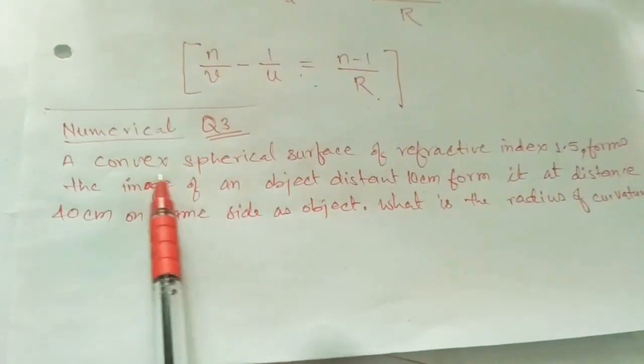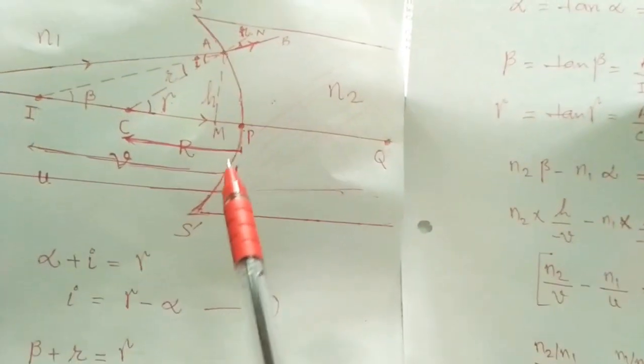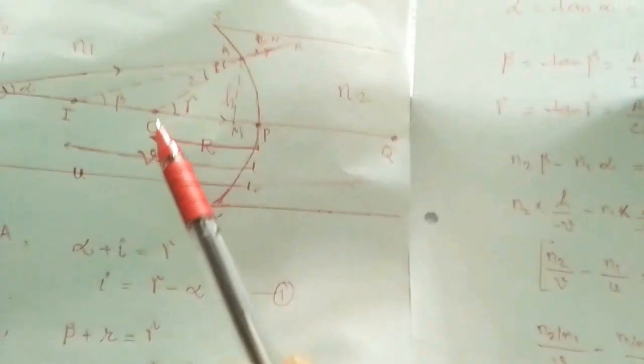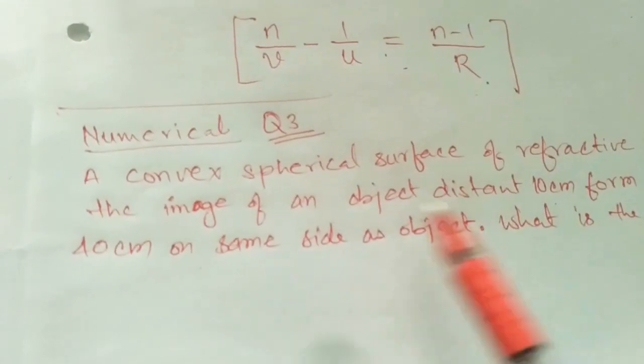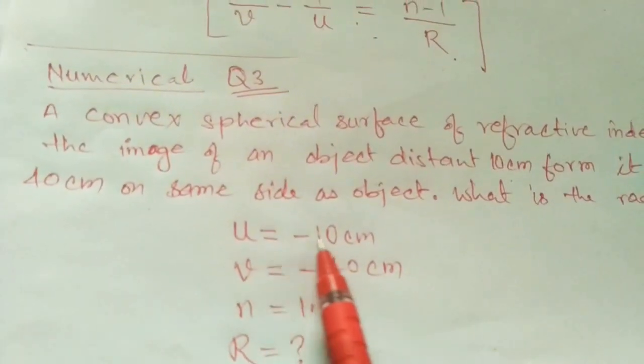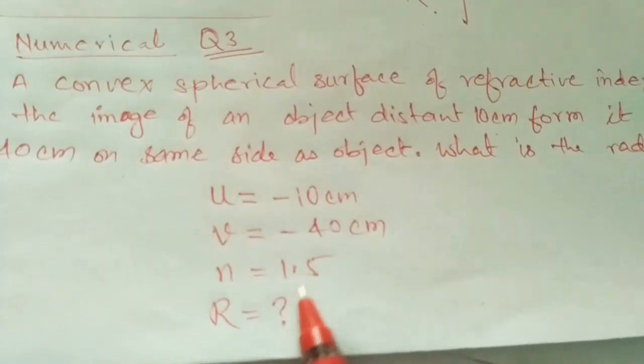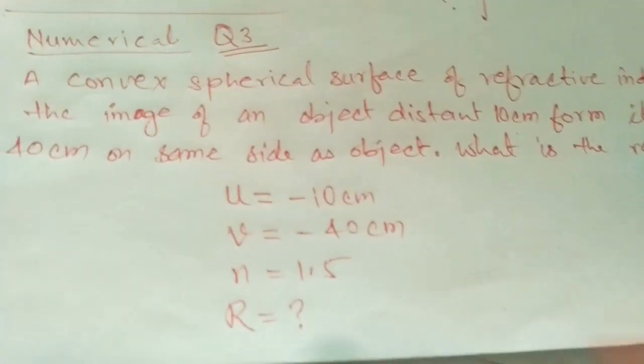I'm taking the convex spherical surface because I haven't found any question on a concave spherical surface, as we have proved it. If you prove it using a convex surface, the same equation will come. So for this surface, first what is given: the value of u is minus 10 centimeter, the value of v is minus 40 centimeter, the refractive index is 1.5, and the question mark means R you have to calculate.